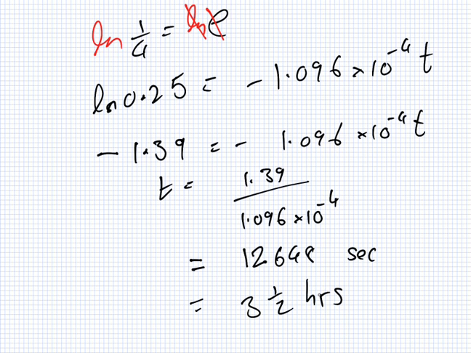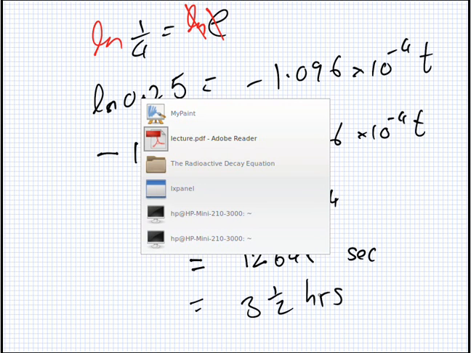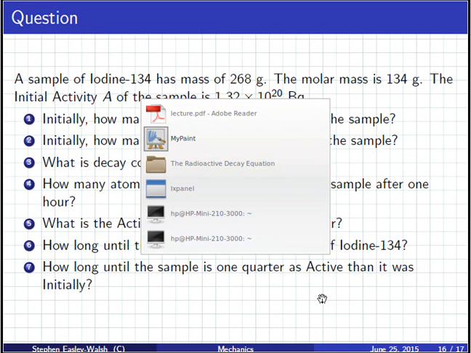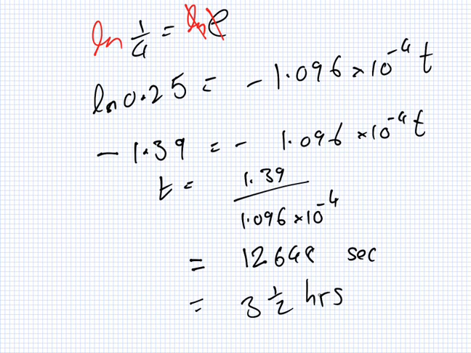Some iodine decays quickly and some iodine decays slowly. This iodine here, iodine 134, decays pretty quickly. After about 24 hours, all the iodine should be gone.